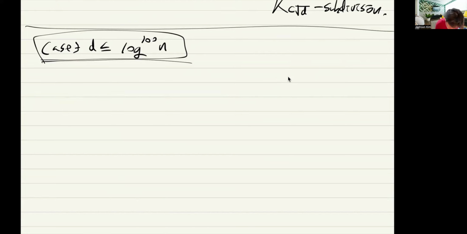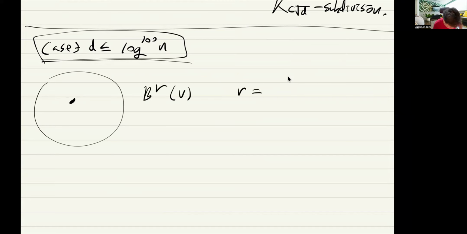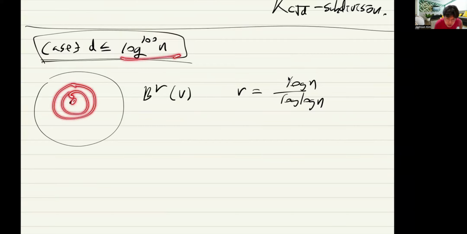That means if you take one vertex and take its ball around it with, say, r like log n over log log n, and every time it expands by d, the first layer is d, like log to the 100, the second layer is log to the 200, etc.